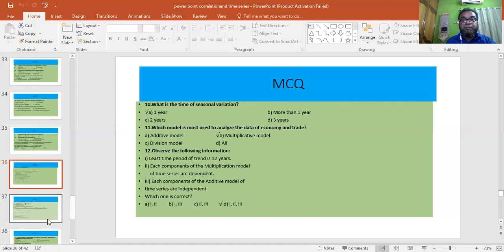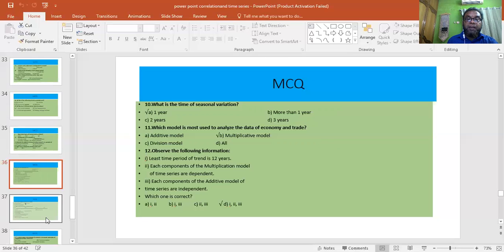Number 12. Observe the following informations. Least time period of trend is 12 years. It is correct. In trend or secular trend, least time is 12 years, or more than 12 years. Each component of the multiplication model of time series are dependent. Yes, it's also correct.